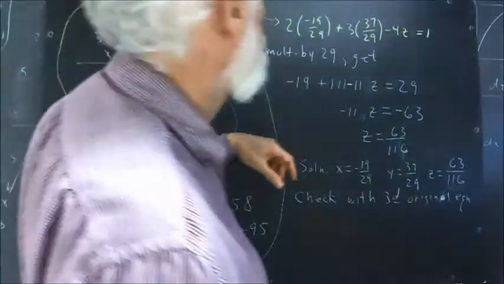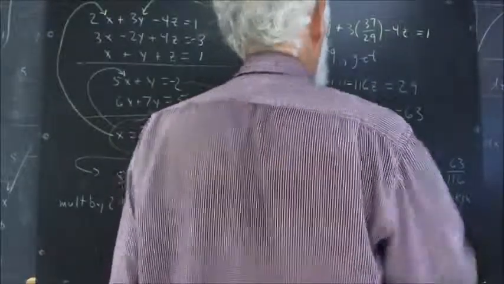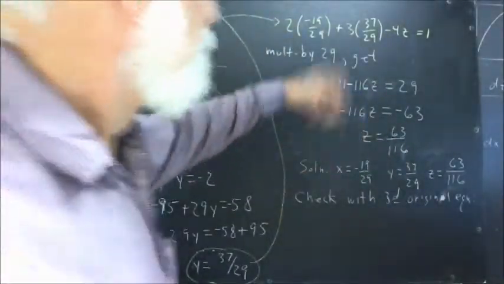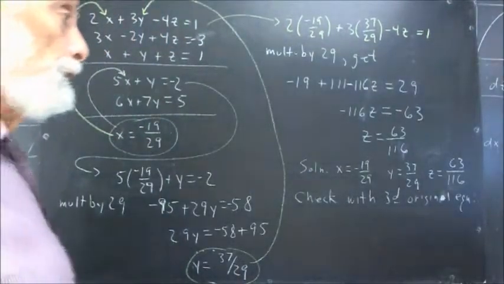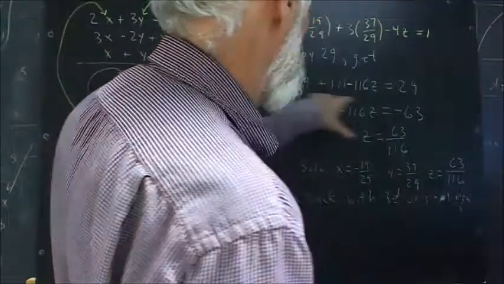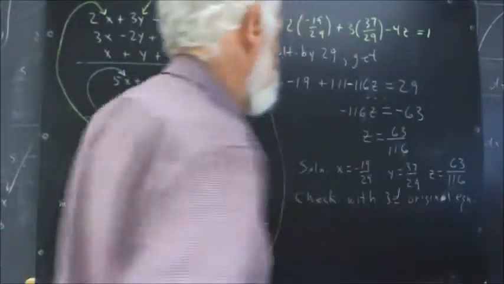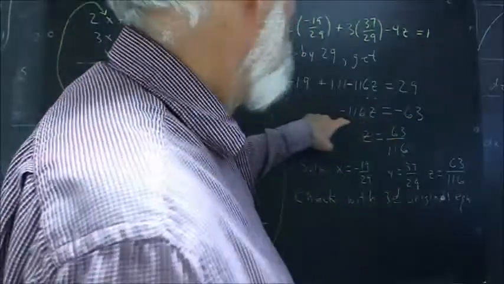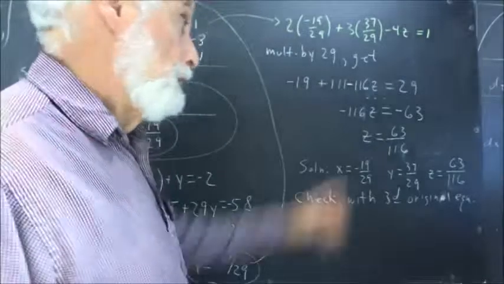And okay, now, 29 times 4 is 116, minus 4 is 116. Okay, so we get this equation in z, and I'm not going to do the details. You can do them. I believe we get negative 116z equals negative 63, and you better check me on that.